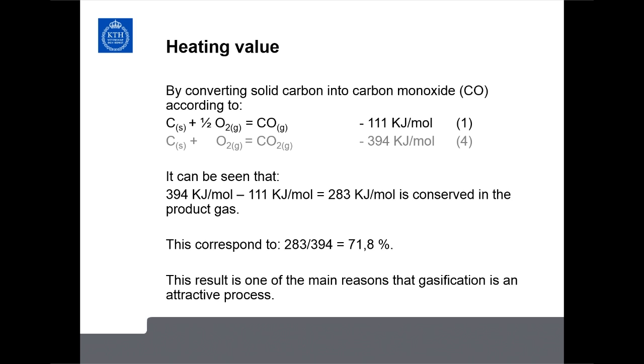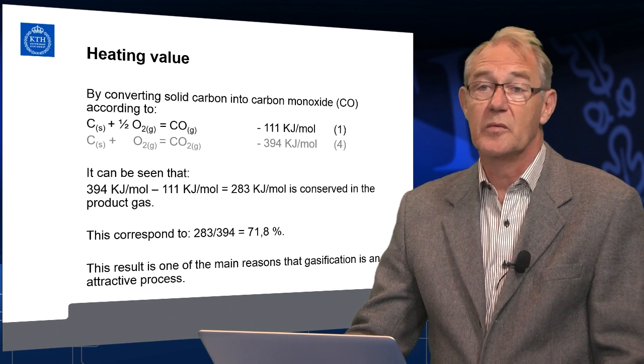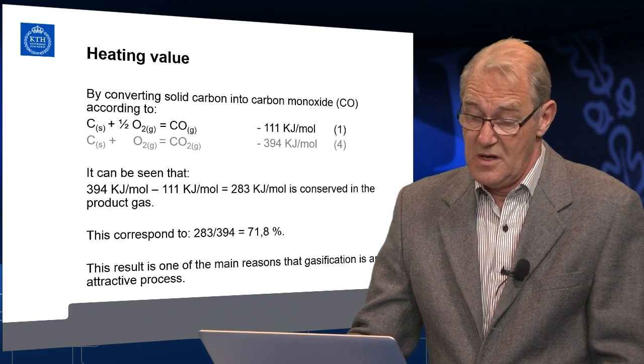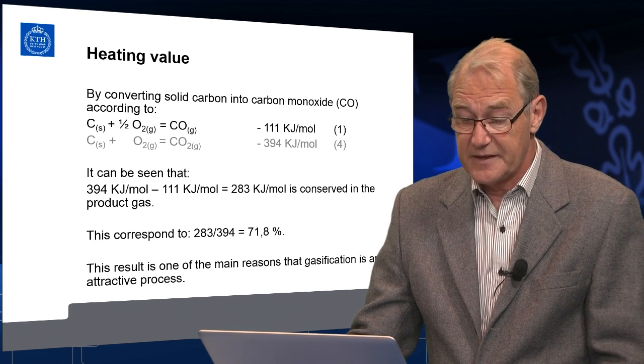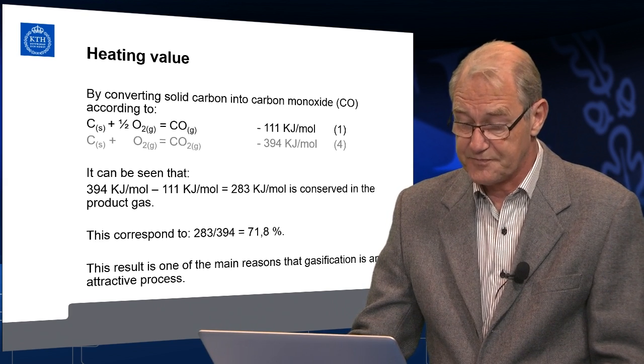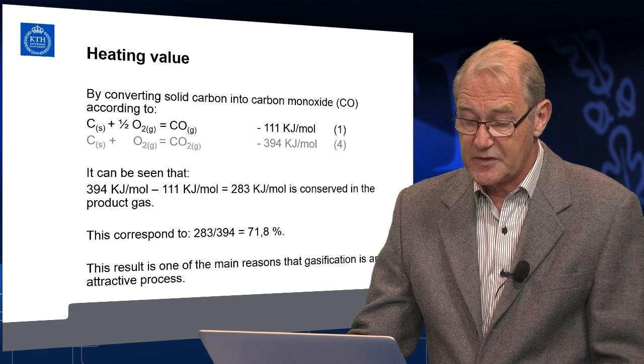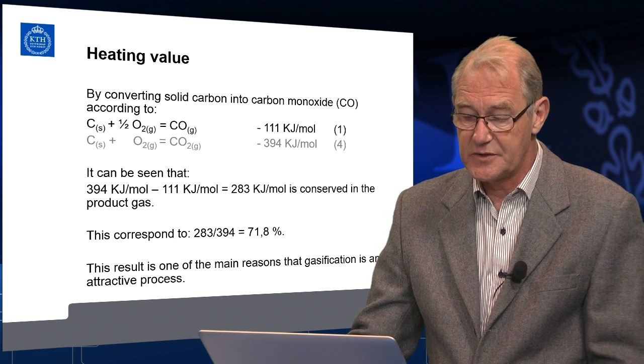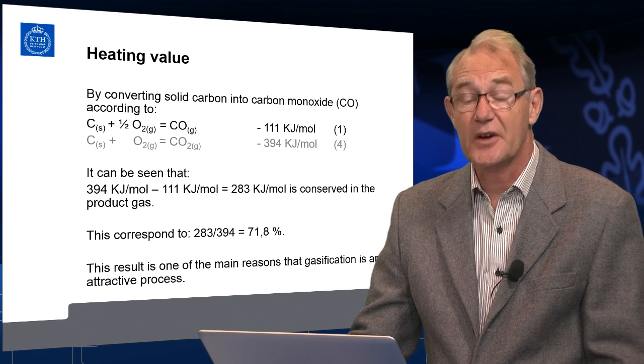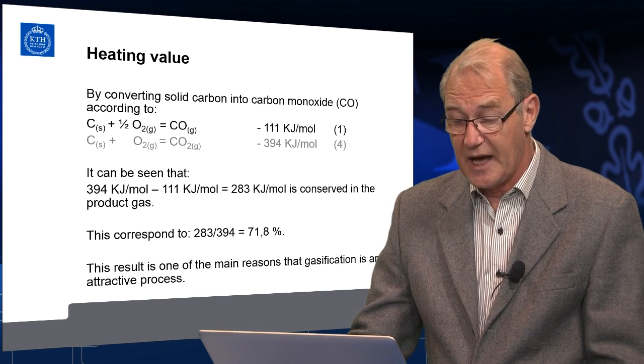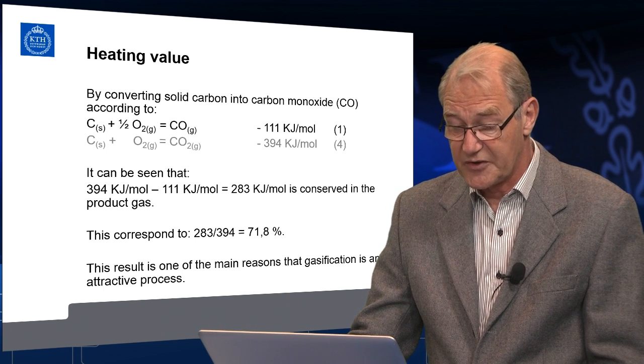The total oxidation reaction which produces carbon dioxide accounts for 394 kilojoule per mole, which we previously saw. So if we take the difference between these, we see that we have 283 kilojoules per mole that is conserved in the product gas when it comes to carbon monoxide.